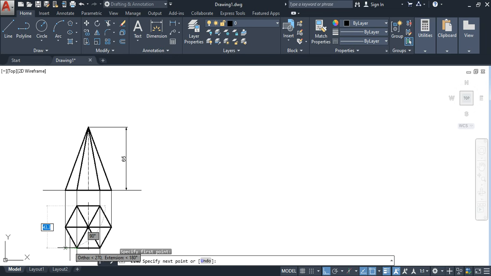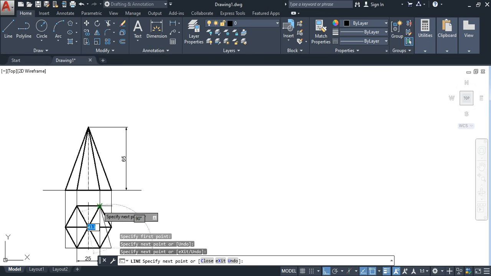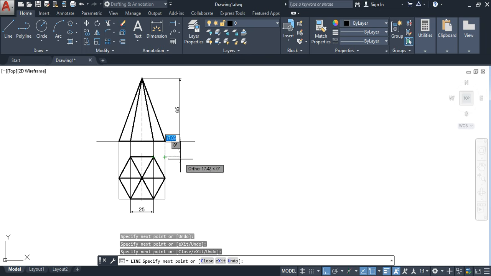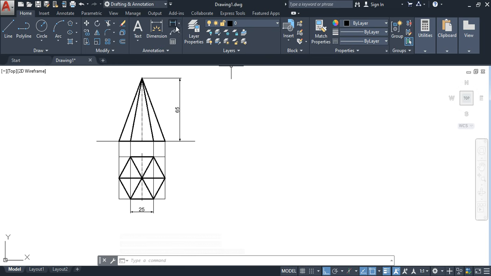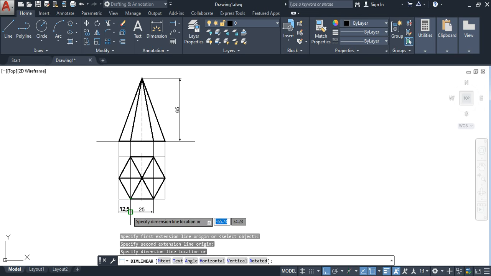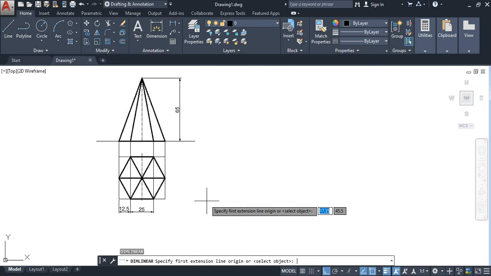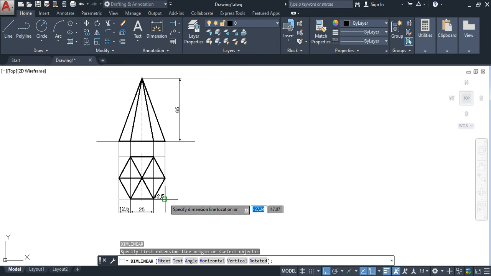From here to here one line, and from there to here one line, and from there to here one line, and once again close this one to make a rectangle. We require the distances of this rectangle, from this point to this point, and yes, 12.5, and once again you'll get 12.5 here. If you want, you can check it here.